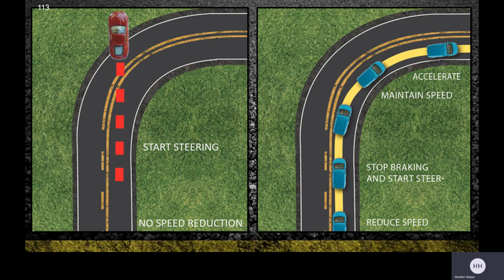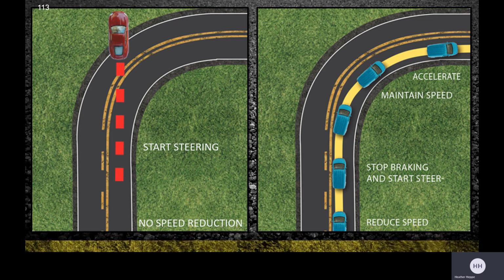Now here, what we want to do, as I was saying, we want to slow down back here. So we're starting to reduce our speed. We're slowing even more. We have good speed control to get in the curve, maintain the curve, and then as we're straightening out from the curve, we're going to accelerate again.